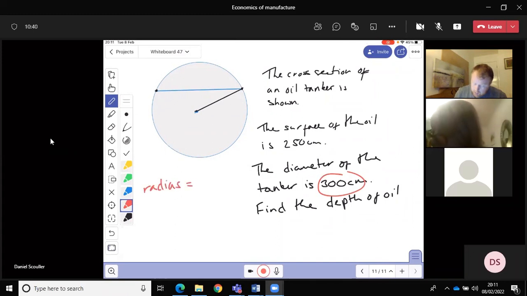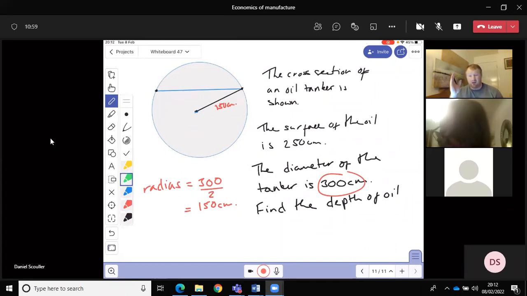Radius would just be 300 divided by 2, which is 150 centimeters. So if we put that in there, we've got 150 centimeters. That's the first bit of information we can put.